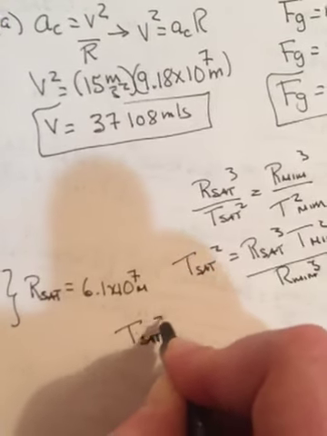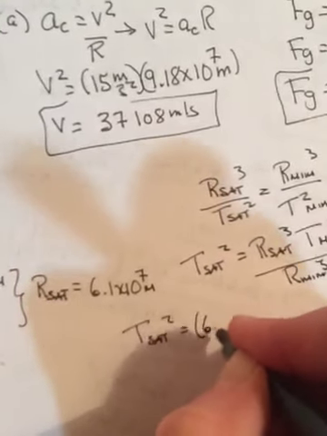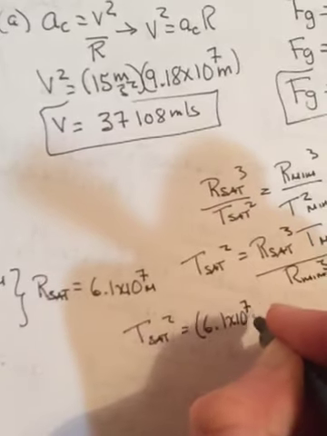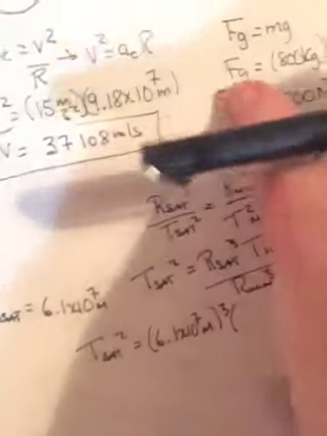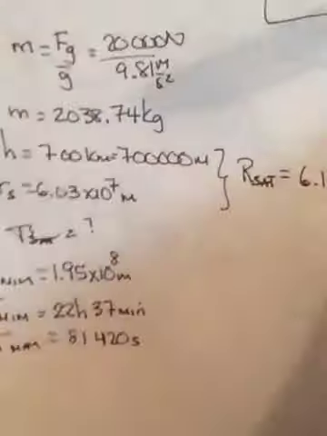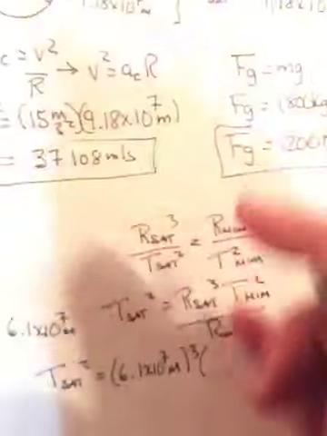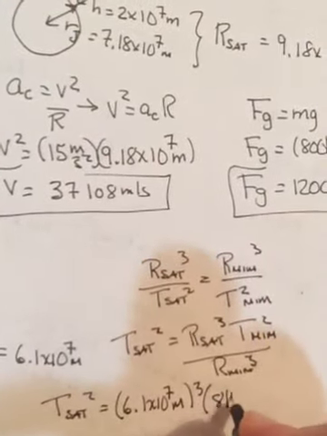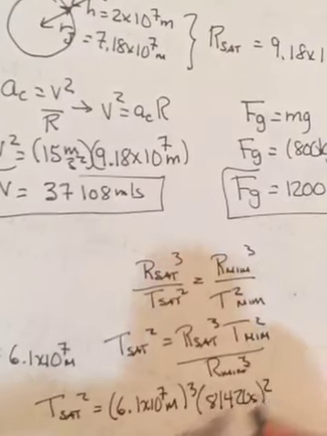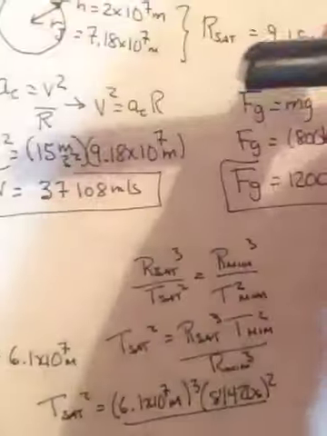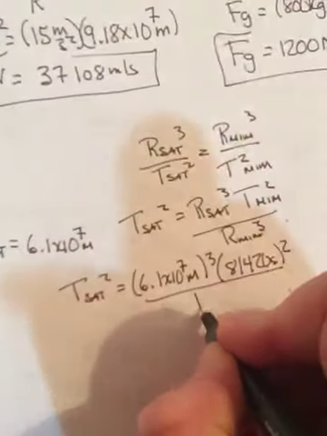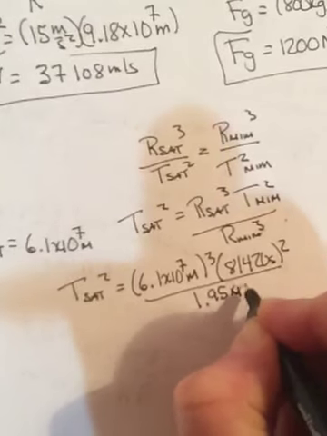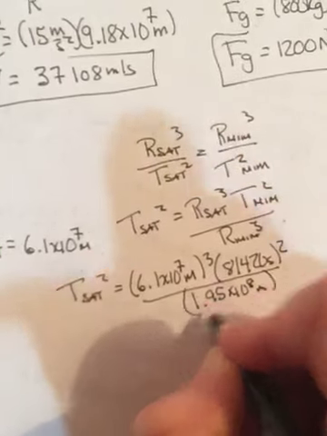T of the satellite squared will equal r of the satellite, 6.1 times 10 to the 7th, cubed, times T of Mimas, which we just found, 81,420 seconds squared, over r of Mimas, 1.95 times 10 to the 8th, cubed.